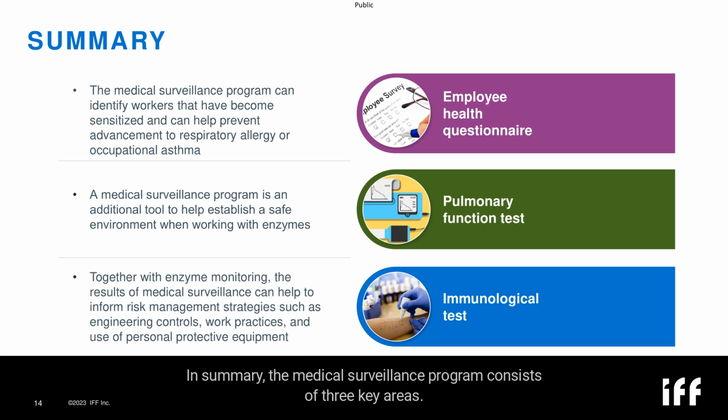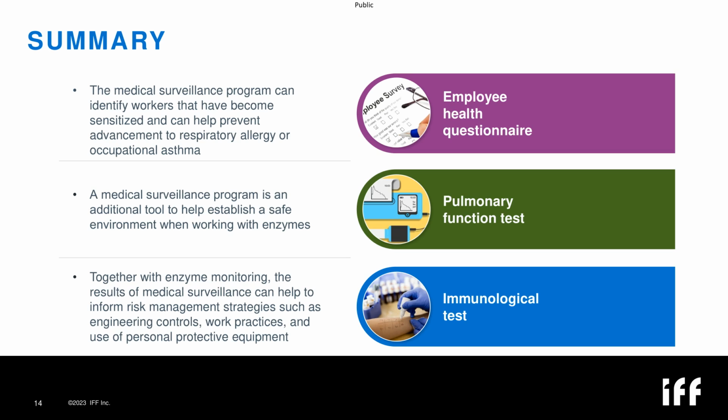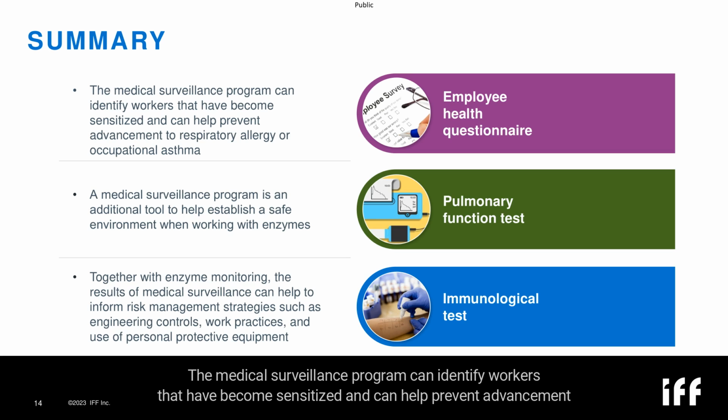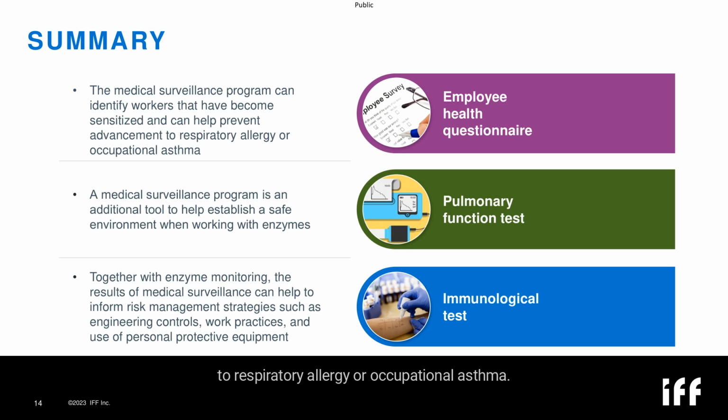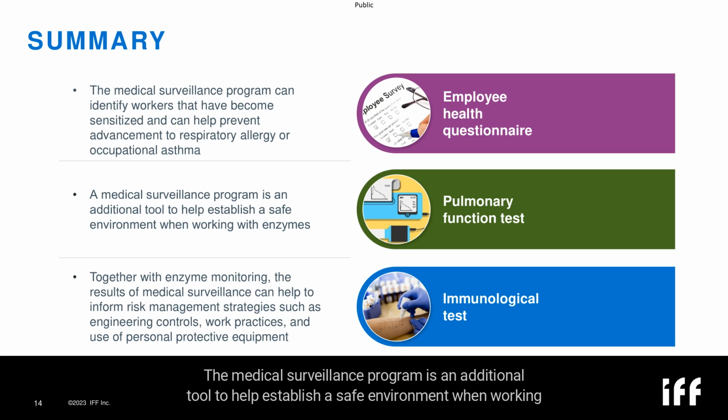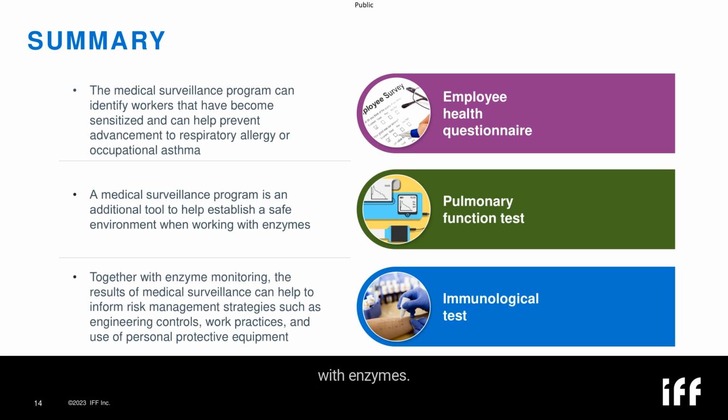In summary, the medical surveillance program consists of 3 key areas. The medical surveillance program can identify workers that have become sensitized and can help prevent advancement to respiratory allergy or occupational asthma. The medical surveillance program is an additional tool to help establish a safe environment when working with enzymes.